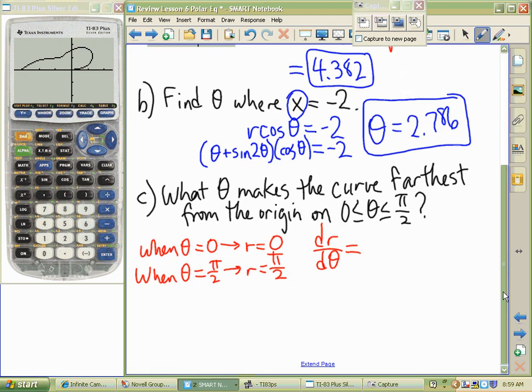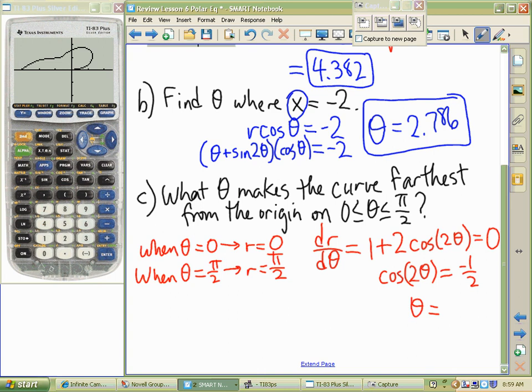There it is. Derivative of theta is 1. Derivative of sine 2 theta is cosine 2 theta times the derivative of 2 theta. So what do I have to do? I have to set that equal to 0 and try to solve before time runs out. So the cosine of 2 theta is negative 1/2.